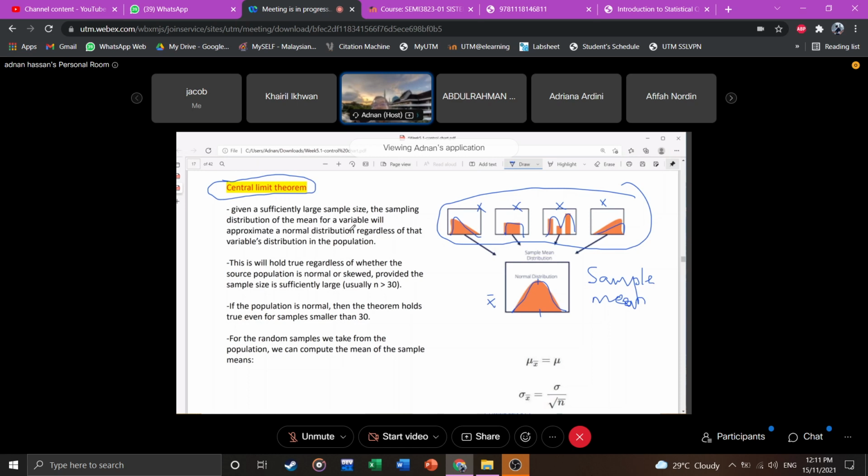I'm sure if you have studied statistics, this theorem should already be learned.